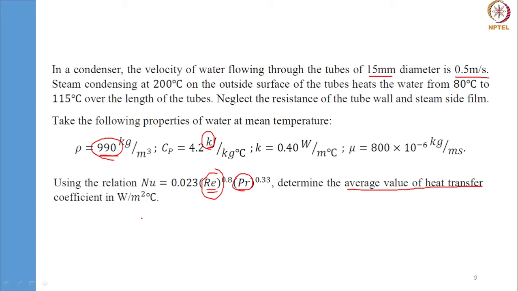Now you can substitute into this equation to find out the heat transfer coefficient of water. Nusselt number is defined as heat transfer coefficient H into hydraulic diameter D by K. That's the mathematical definition of Nusselt number. HD by K equals 0.023 times 9281 to the power 0.8 into 8.4 to the power 0.3.